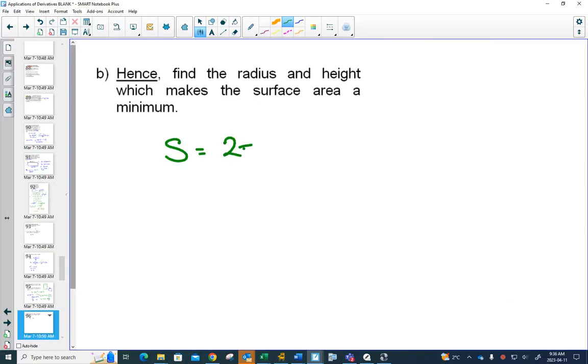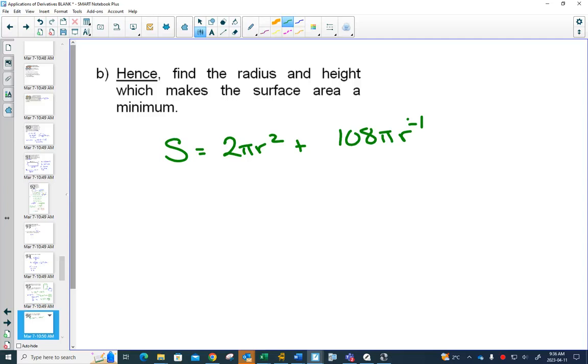I'll just write it out again. Are you okay when I rewrite this again if, instead of writing it as over r, I change that r to the minus 1? Again, I'm pre-thinking what's going to make my life with derivatives easier. The r on the bottom, I would have to use a quotient rule.